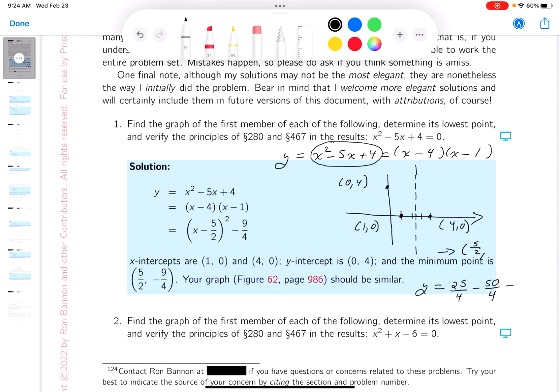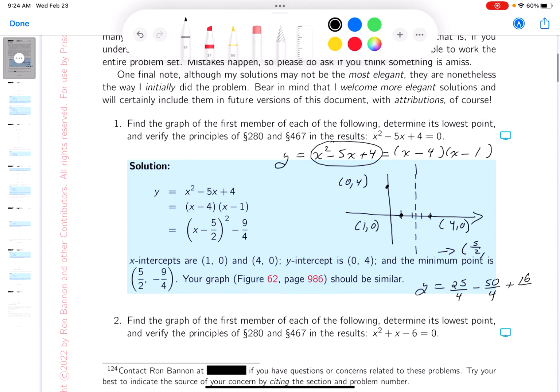And then plus 4, that's going to be 16 quarters now, right? Well, I got to add that together. That's minus 25 plus 16 is minus 9. Well, I don't know, that's about here.